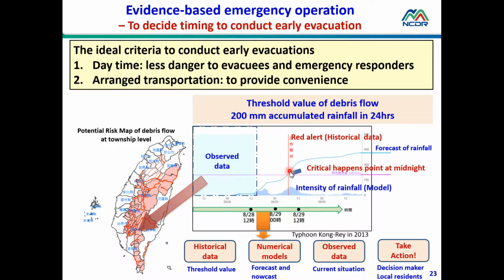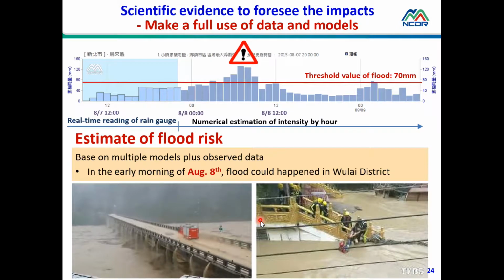But as I mentioned, it's not safe to evacuate people at midnight, and you see they could have high intensity of rain. So we will move the time to evacuate people from midnight to the afternoon to ensure safety for everyone.